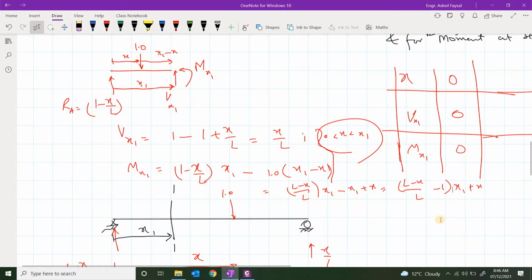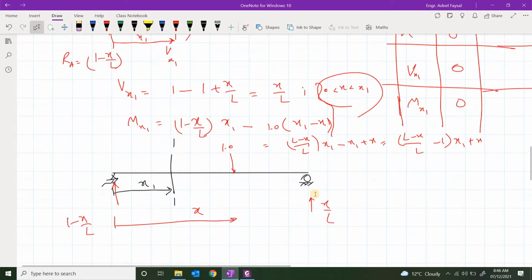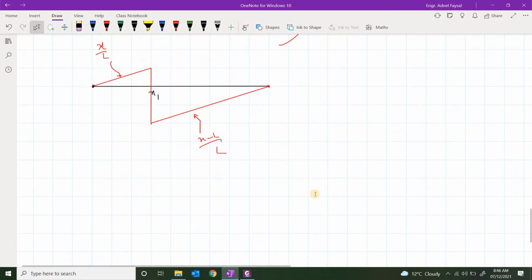So let's put x equal to 0. If you put x equal to 0 in this expression, what do you think would be the answer? L minus L would be 1, 1 minus 1, 0. Agree? And this is also 0, so 0. You will be starting with, let's draw the ILD for bending moment.